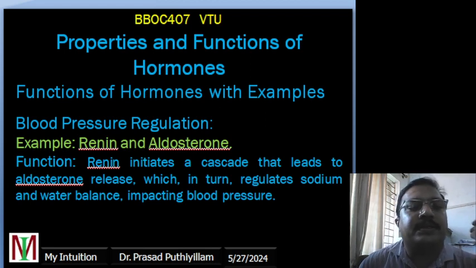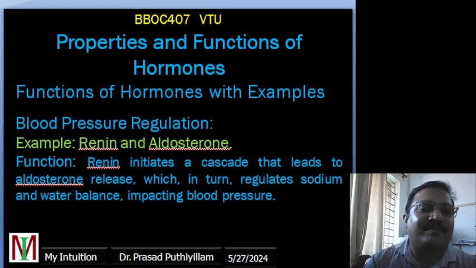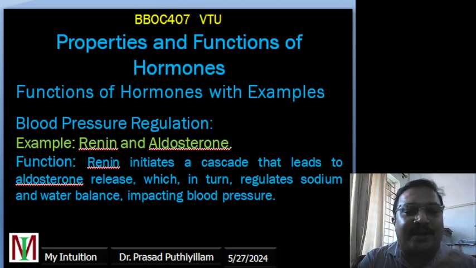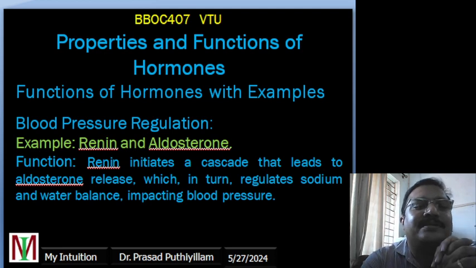Renin converts angiotensinogen to angiotensin 1, which is then converted to angiotensin 2, and this converting enzyme, angiotensin 2, stimulates the aldosterone release. So renin to aldosterone is a set of reactions.